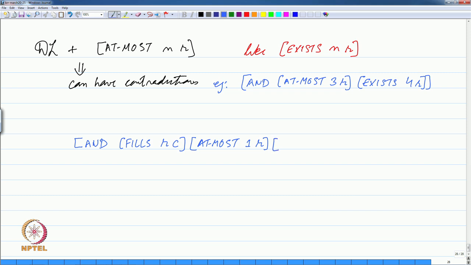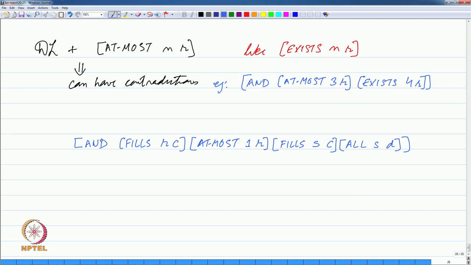Then we say that C fills another role called S, the same concept, the same individual C, and then we also say that all S are D. So, R and S are two different roles. For the role S we are saying that C fills that role, let us say S stands for student and D stands for bright, and we say all students are bright.